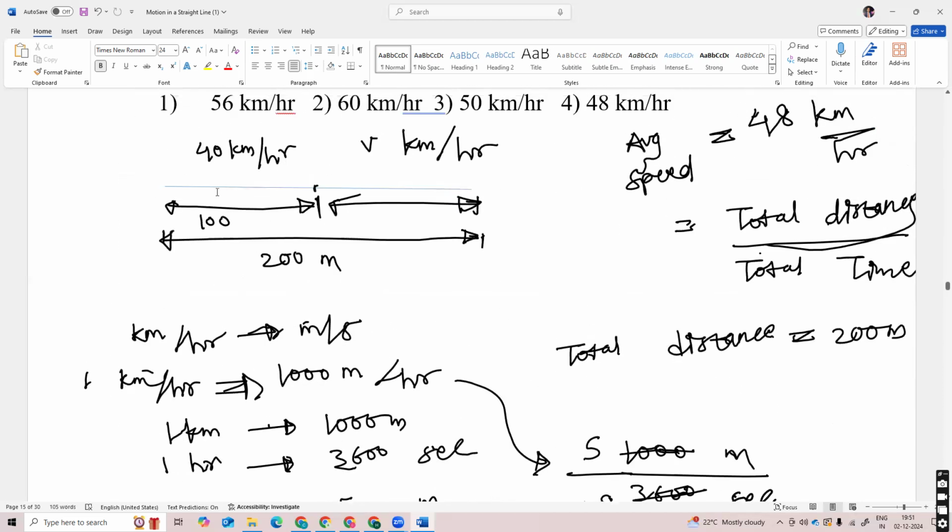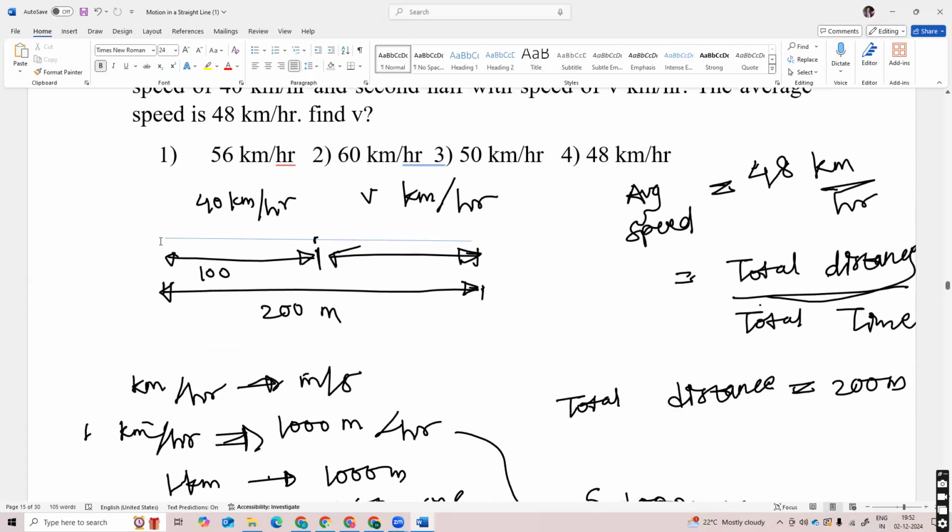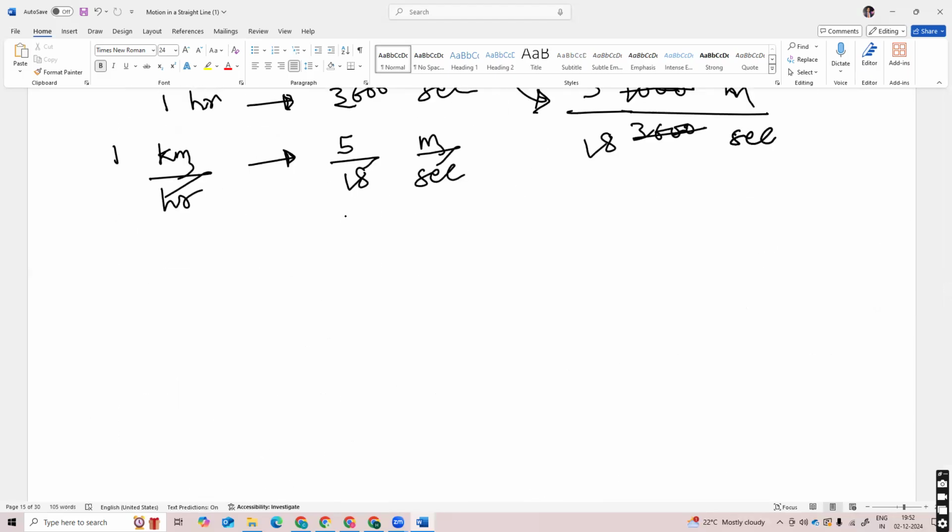So now if you have to find the time taken by this car to cover the first half, let's say we again name the start point A, the final destination B, and the midpoint C. If we have to find the time taken by this vehicle to move from point A to point C, we can simply use speed is distance upon time.